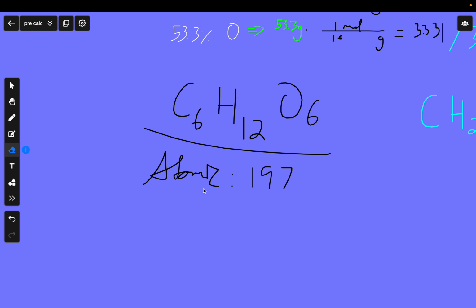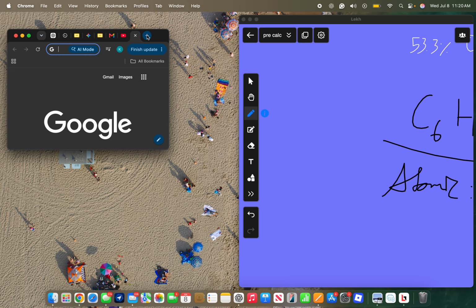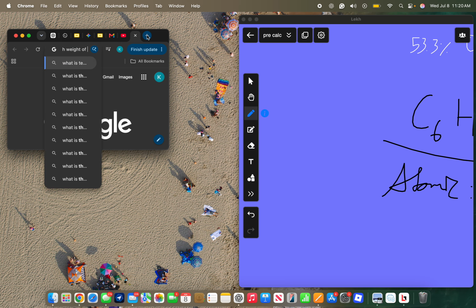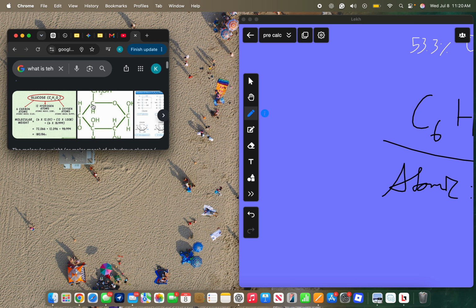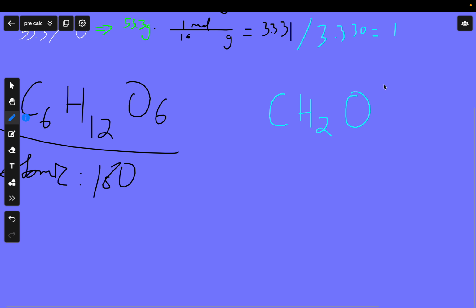It's saying it's 180. C6H12O6 is 180. So it's 180.